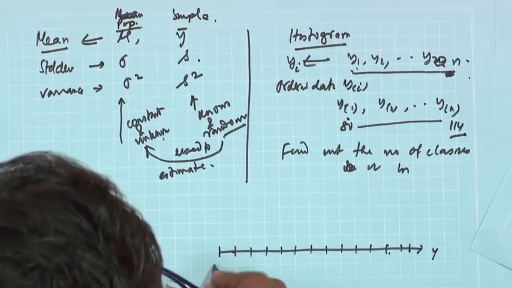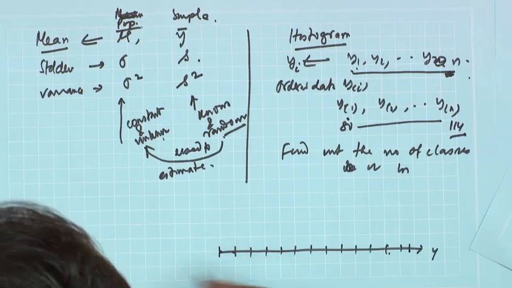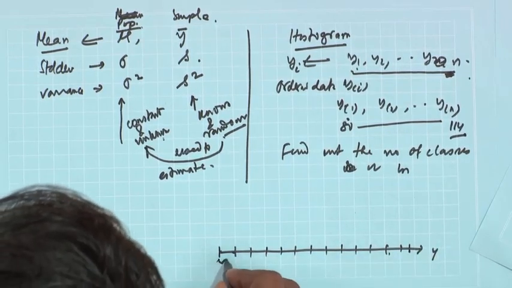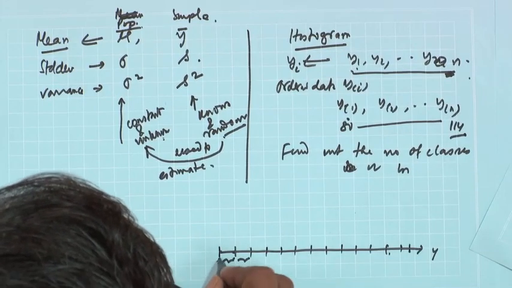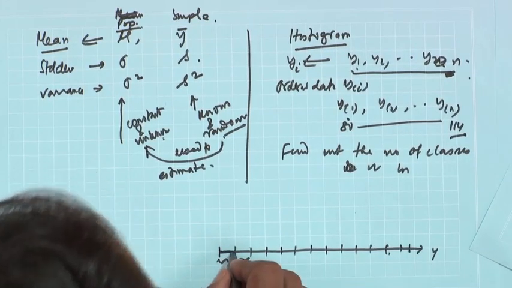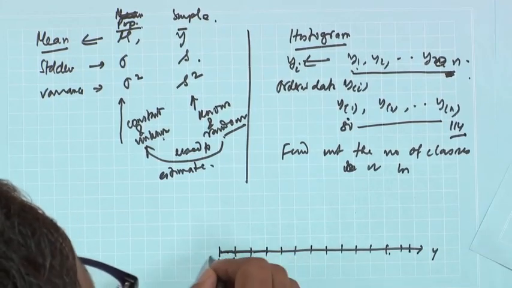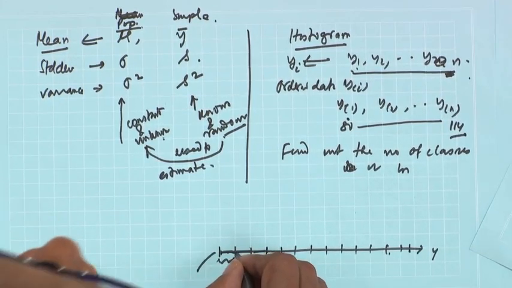You choose the lowest value and higher value, and this is known as the first class. So, this is class 1 or bin 1, this is bin 2, bin 3 like this, and every class has a lower boundary and an upper boundary.